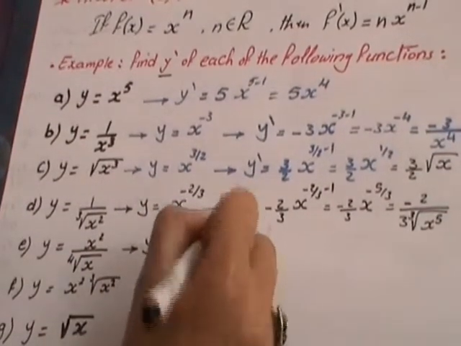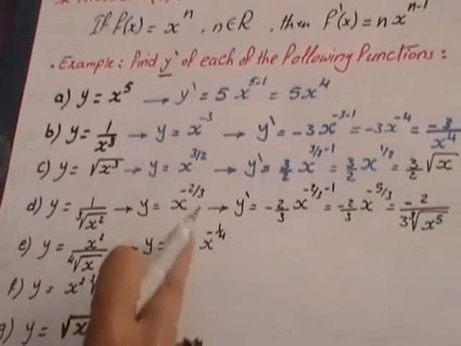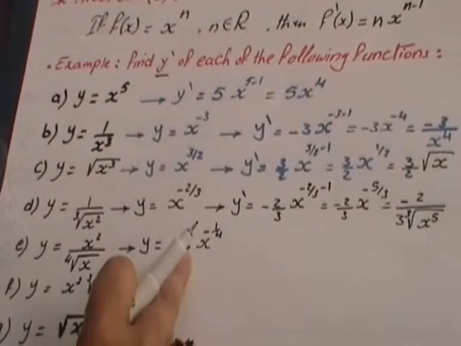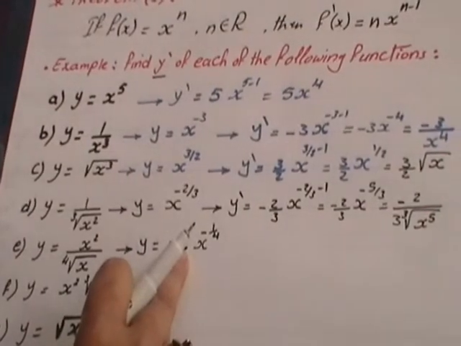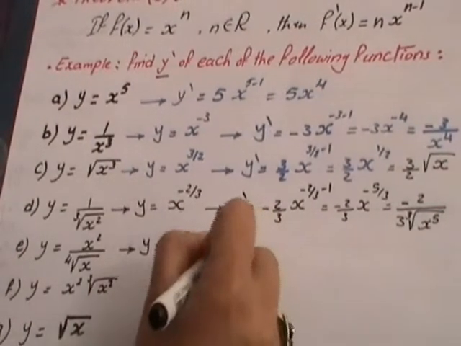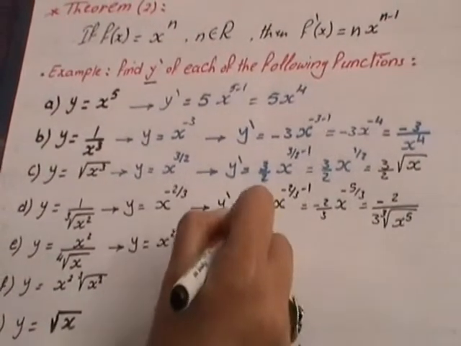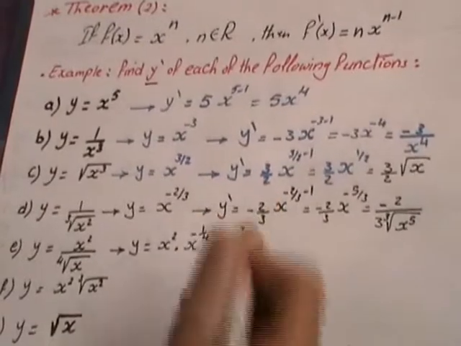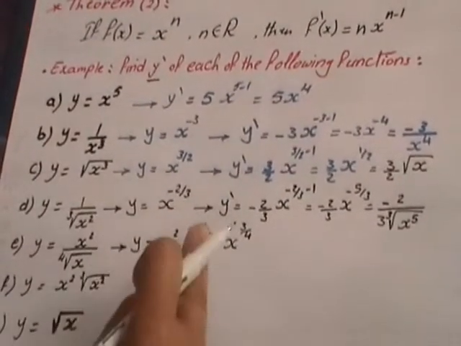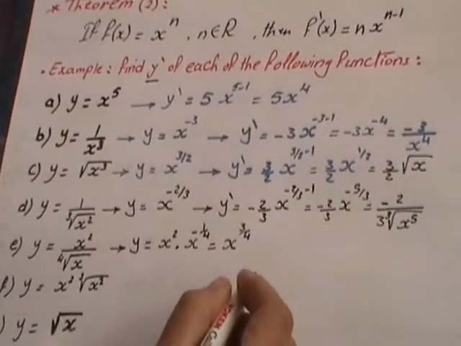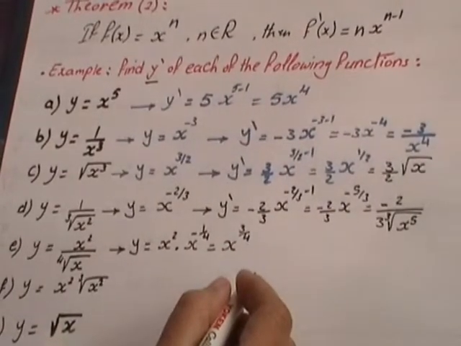So we have the same base and a multiplication between them, so we must add the powers. The result will be x power 3 over 4.